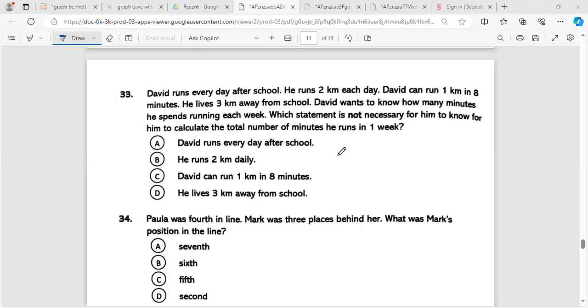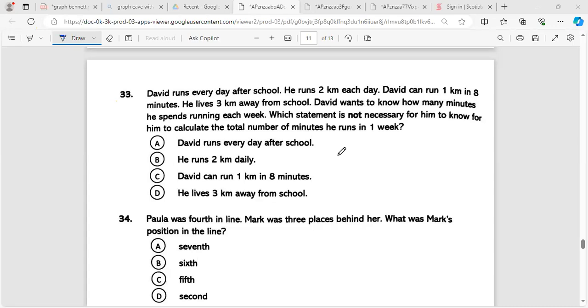My answer would be David runs every day after school. Think about it, guys. Remember, these are specific details, like they say he runs 2 kilometers every day, and they also said David can run 1 kilometer in 8 minutes. So those are specific details.